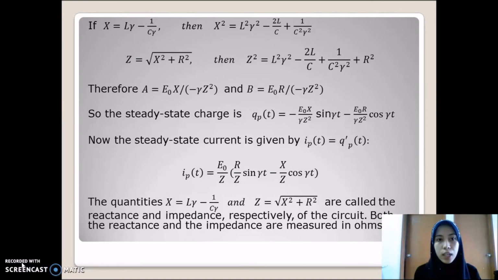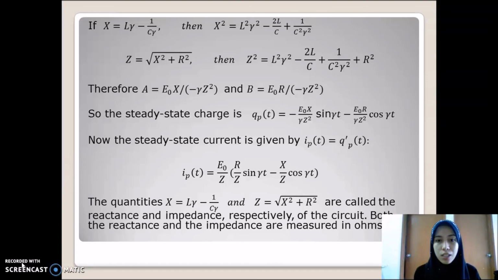If X equals L gamma minus 1 over C gamma, then X squared equals L squared gamma squared minus 2L over C plus 1 over C squared gamma squared. Therefore A equals negative E0 X over gamma Z squared, and for B we get negative E0 R over gamma Z squared.